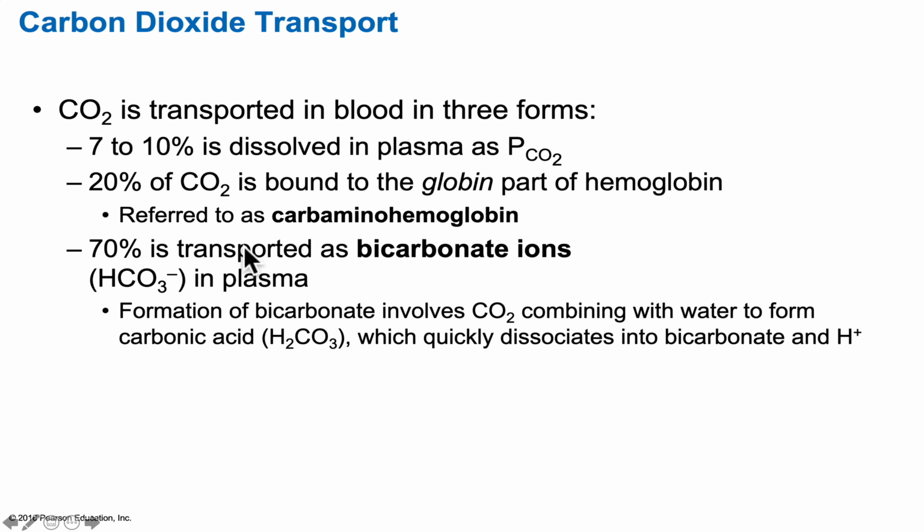So when dissolved carbon dioxide diffuses into red blood cells, it combines with water, forming carbonic acid. Carbonic acid is unstable and dissociates into hydrogen ions and bicarbonate ions.